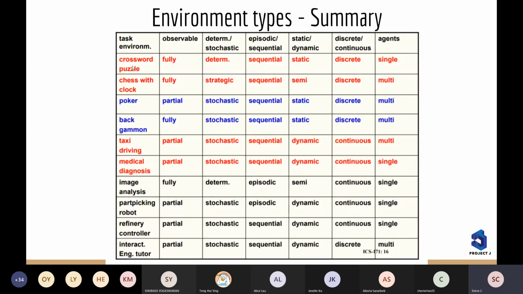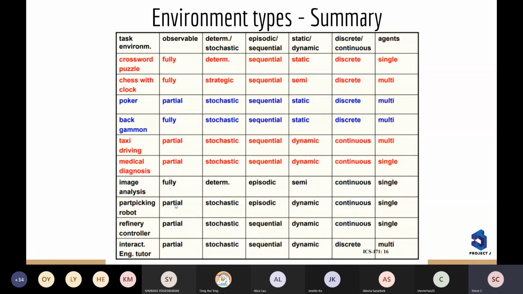Here's the summary of the different types of tasks and the types of environment they are in. Let's take the example earlier of the part picking robot. Is it fully or partially observable?